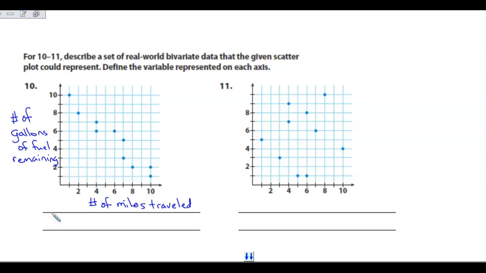Okay, so let's think about the number of people who like chocolate sundaes. How about that? So this could be the age of students, and this could be the number that ate chocolate sundaes.